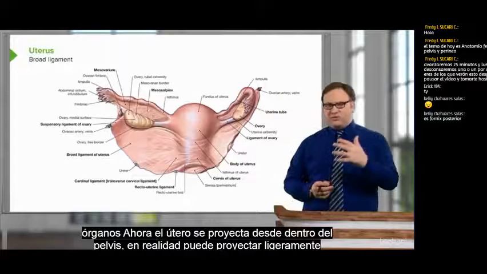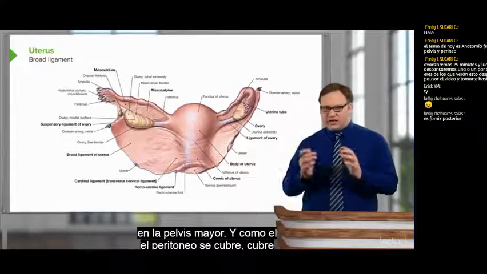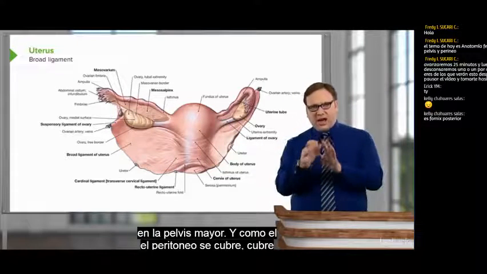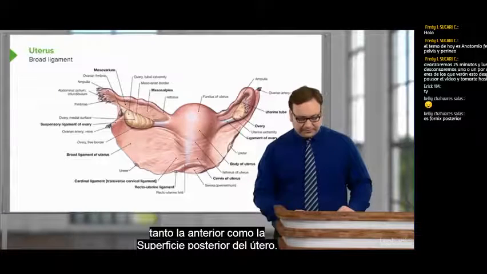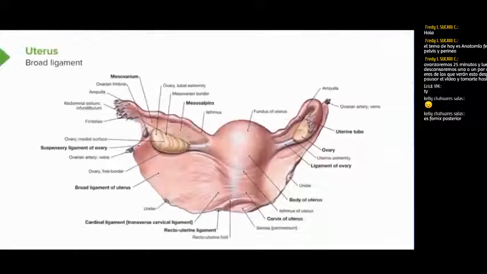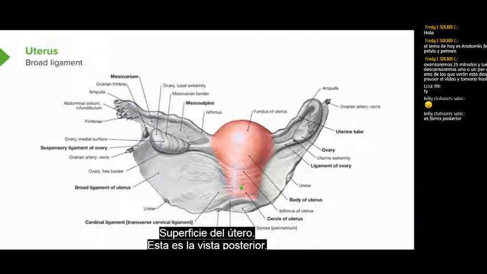Now the uterus projects from within the pelvis. It can actually project slightly into the greater pelvis. And as the peritoneum is draping down, it covers both the anterior and the posterior surface of the uterus. So we can see we'll have peritoneum running down what is this posterior surface of the uterus. This is a posterior view.